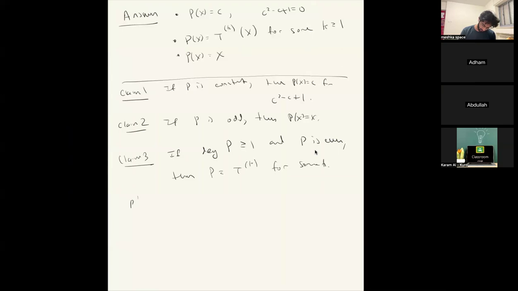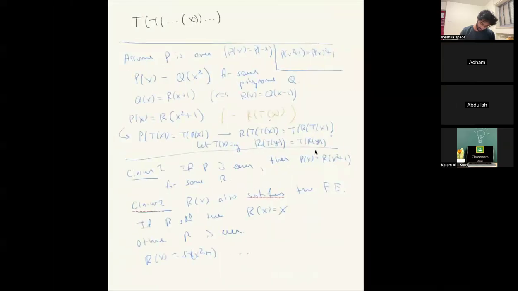And the proof is by induction on the degree of P. Because then when you come to this step and you have R, you can just use the inductive hypothesis. So you can say R is an iterate of T. Does it make sense what I'm saying?